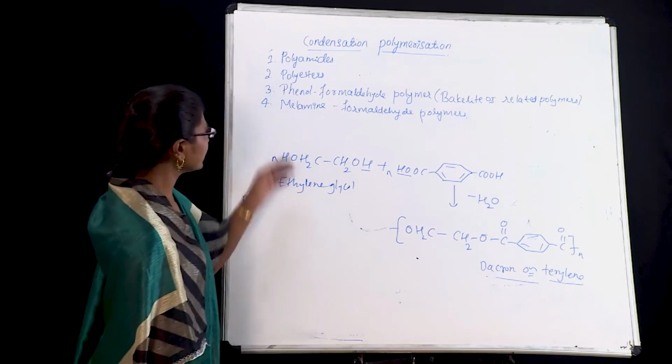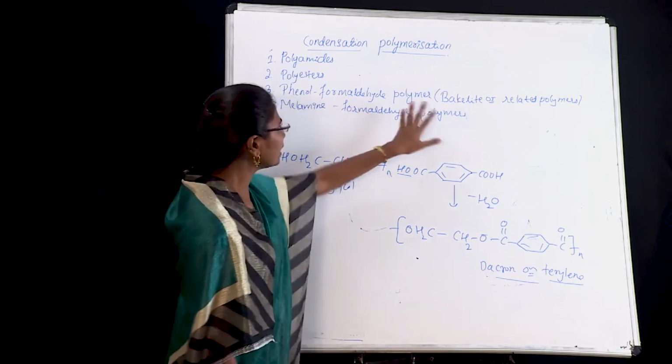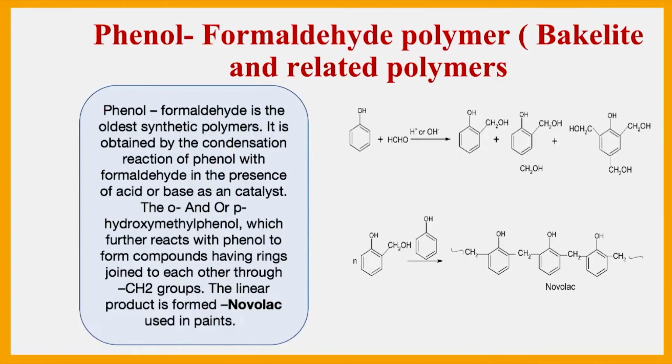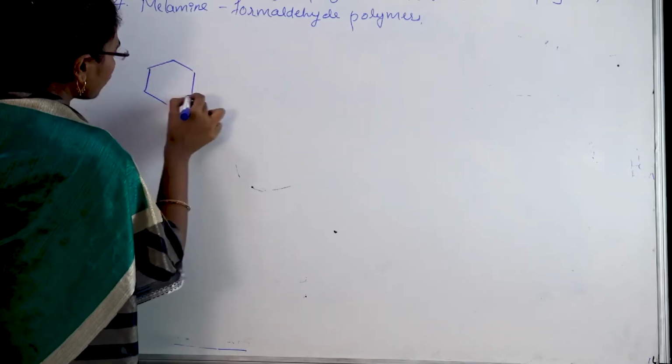So, the next one is phenol formaldehyde polymer, meaning bakelite or related polymers. It is also very important for examination. Here, the third one, phenol formaldehyde polymer. So, we are reacting phenol.